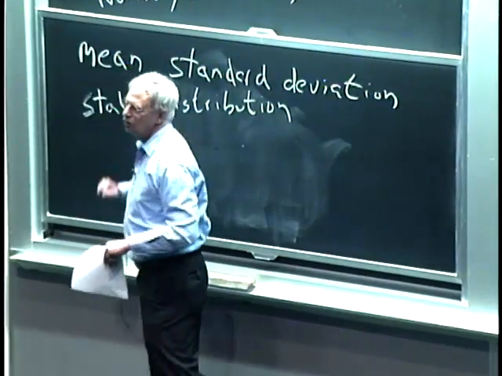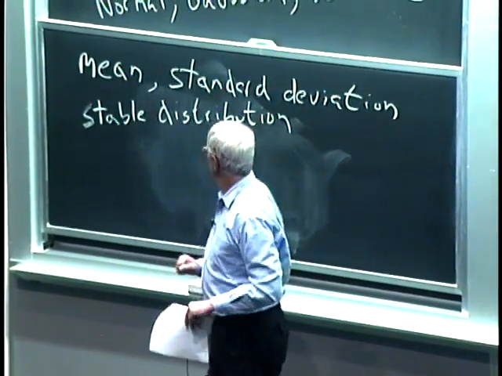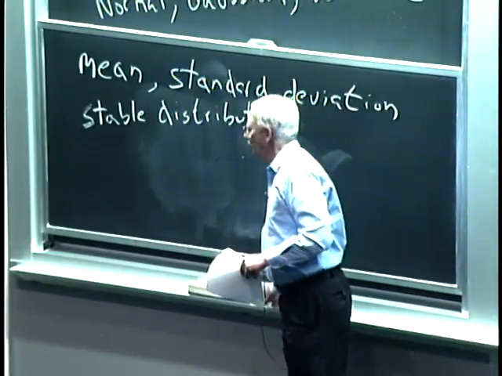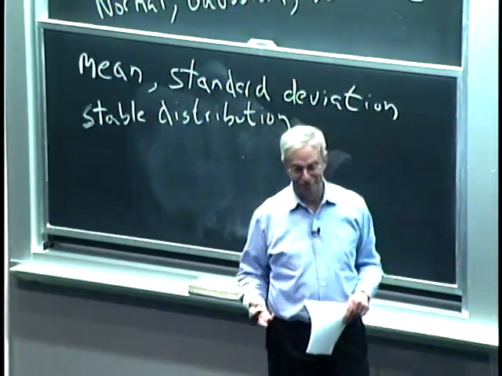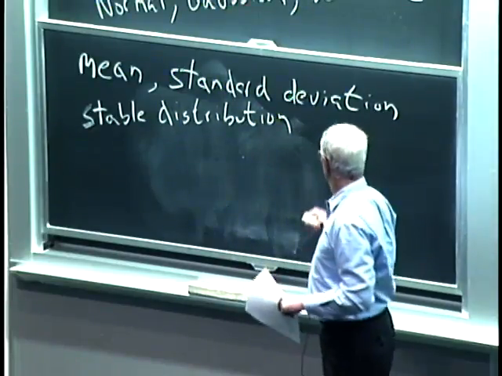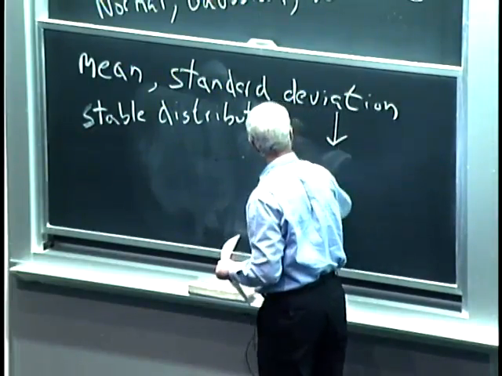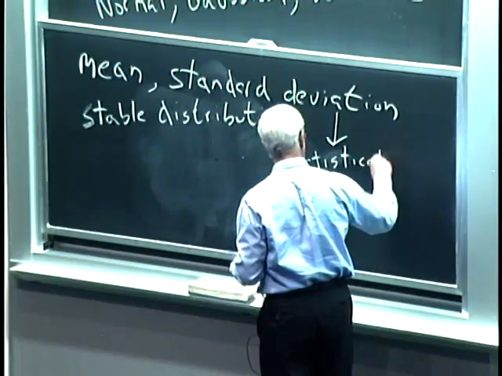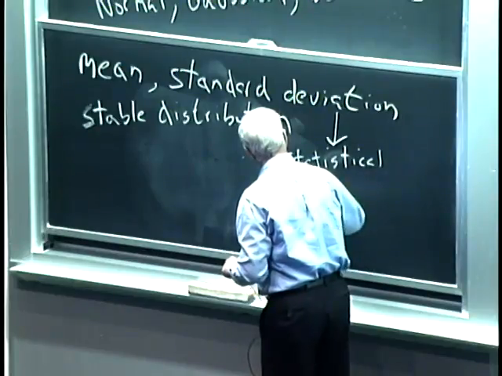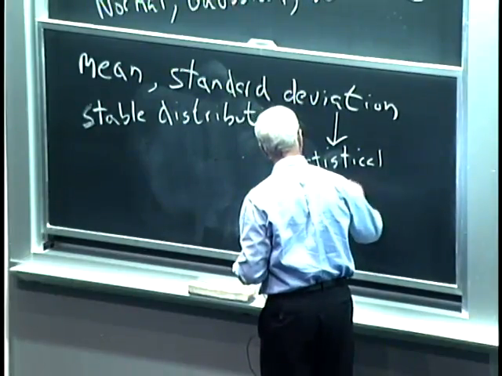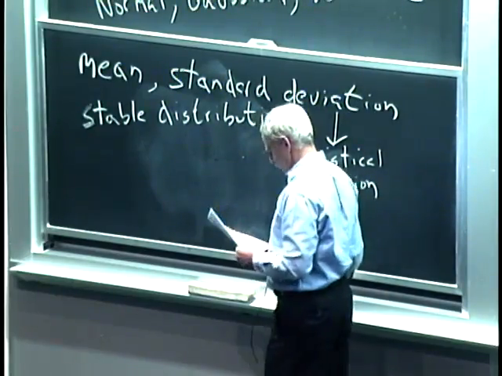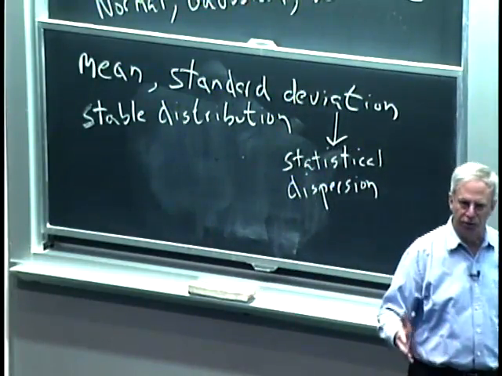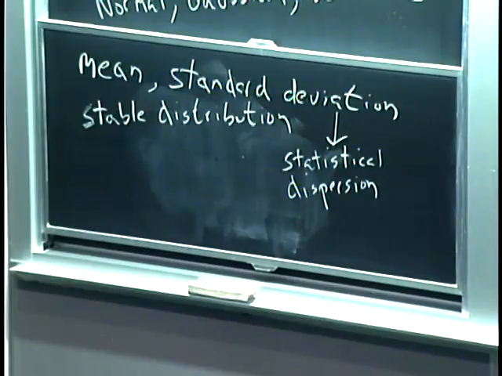So the mean tells us where it's centered, and the standard deviation basically is a measure of statistical dispersion. It tells us how widely spread the points of the data set are.